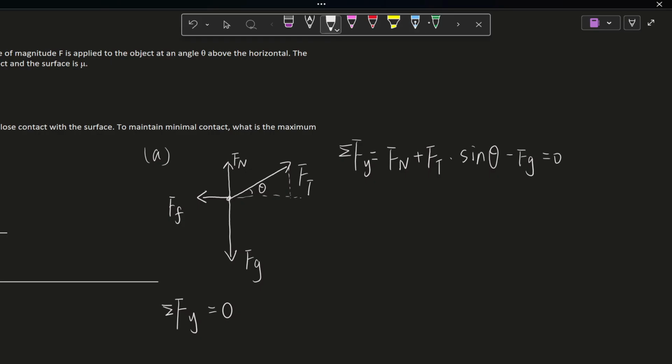So now it can explain why on the free body diagram Fn is smaller than Fg: Ft times sine theta is also in the vertical direction, which means this part of the vector plus Fn is equal to Fg. So Fn must be smaller than Fg in this scenario. So now we can find Fn. Fn is simply equal to Fg minus Ft times sine theta.